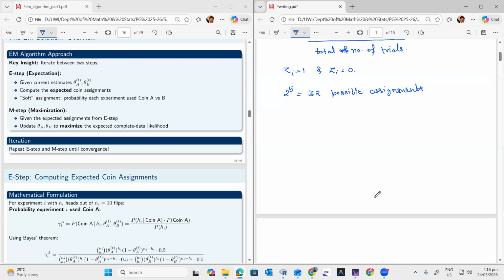All right. So here first we need to develop the model.